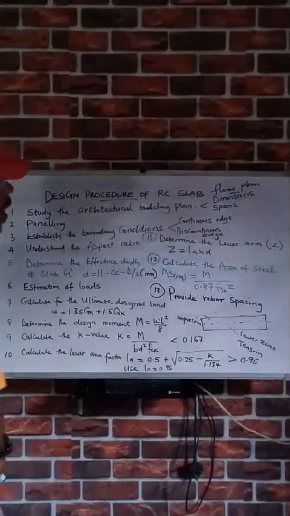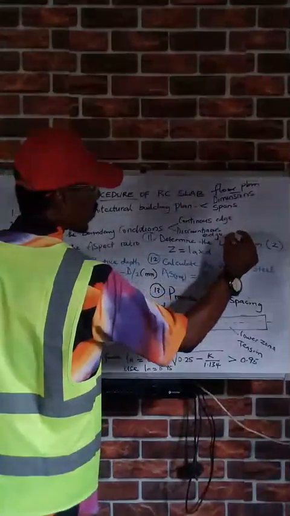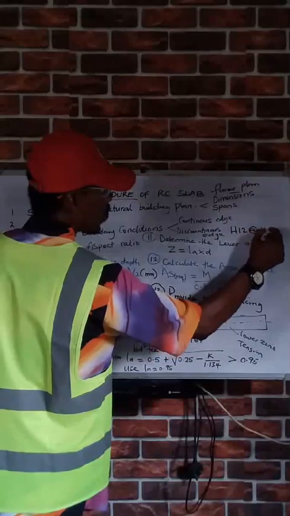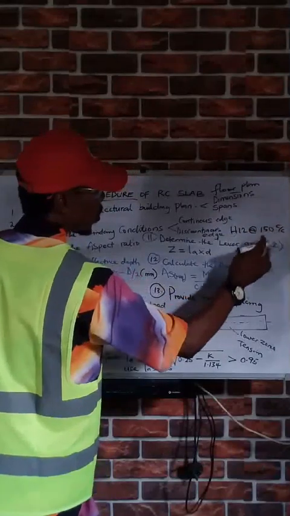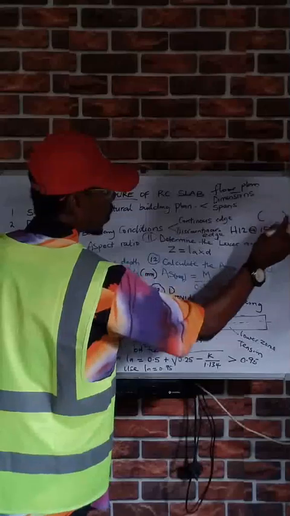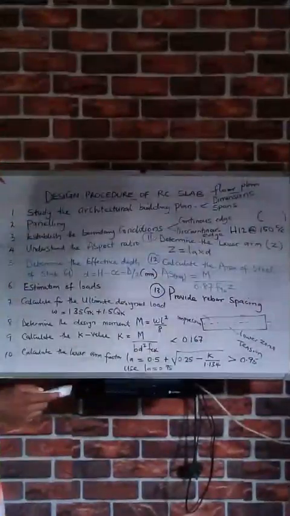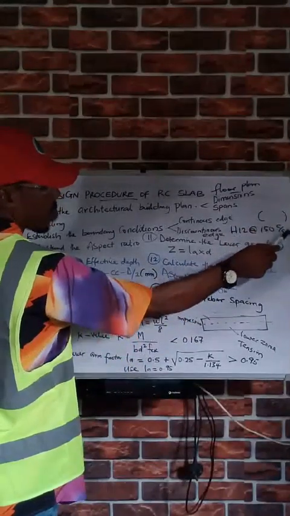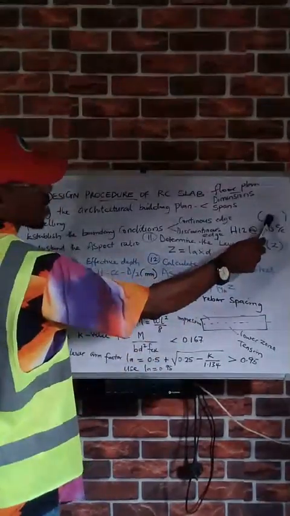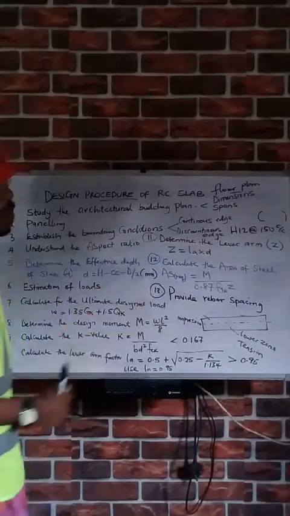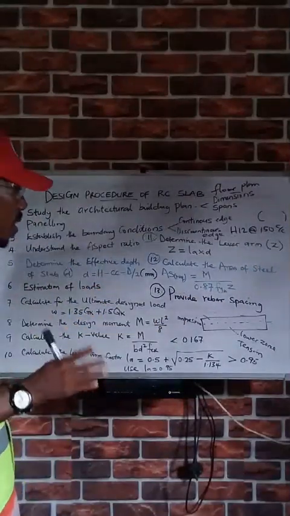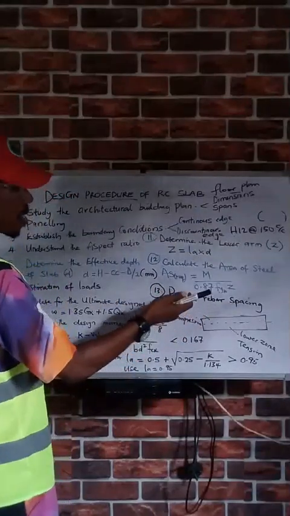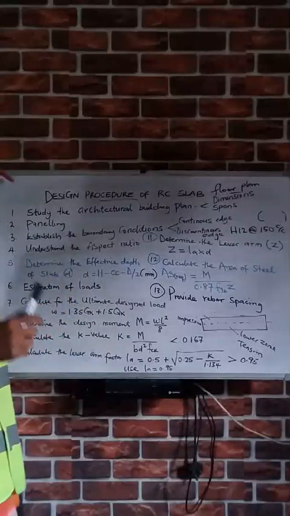For example, you can have H12 at 150 c/c. Then you place the area that you have provided from the table, the area for the 150 millimeter spacing, in front here. So whoever sees that area will know that that is the provision for 150 spacing, center to center. So this is what you have to present as your end point for the design of each of these panels.